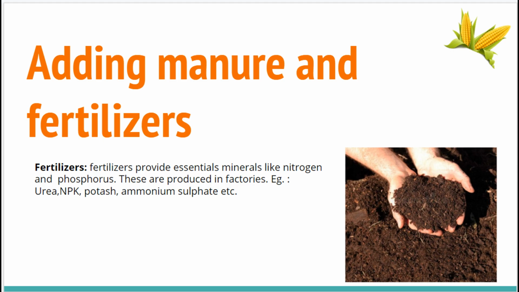Fertilizers are produced in factories. Some examples are urea, ammonium sulfate, NPK, potash. So fertilizers are made in the factories and they are sprinkled directly in the farm areas.